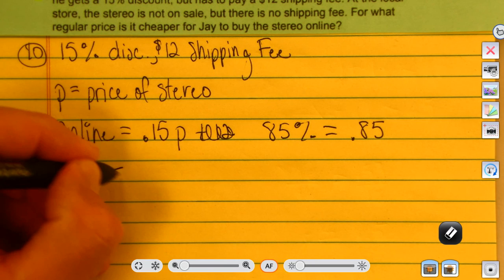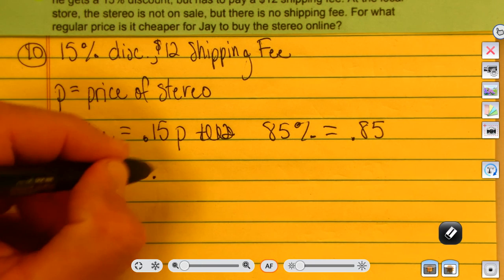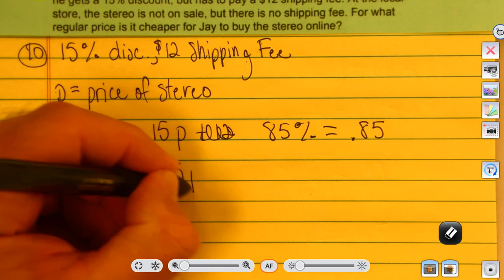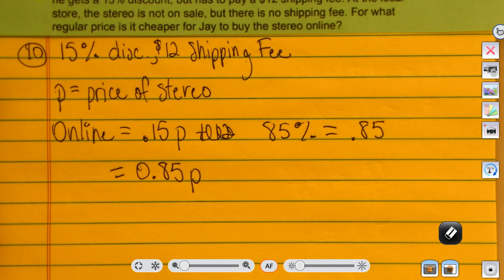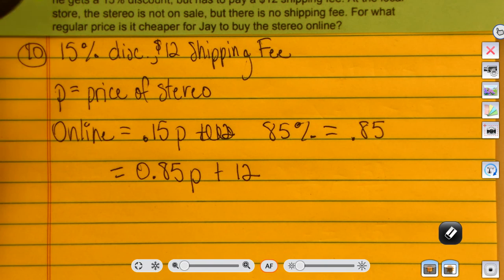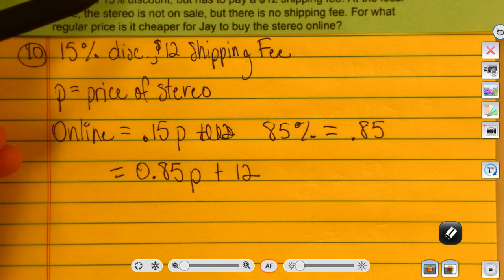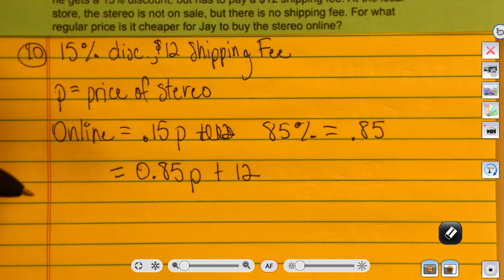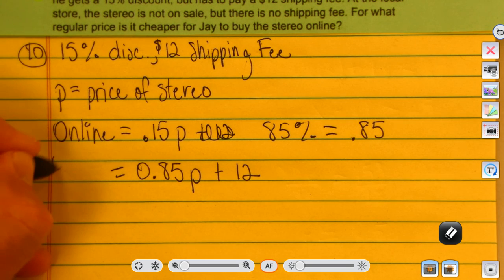Okay, so the online cost is 0.85 P plus the $12. In other words, 15% off means he pays for 85% of it. And we write 85% as 0.85, then we'll add the $12 to it. So that's the cost online.